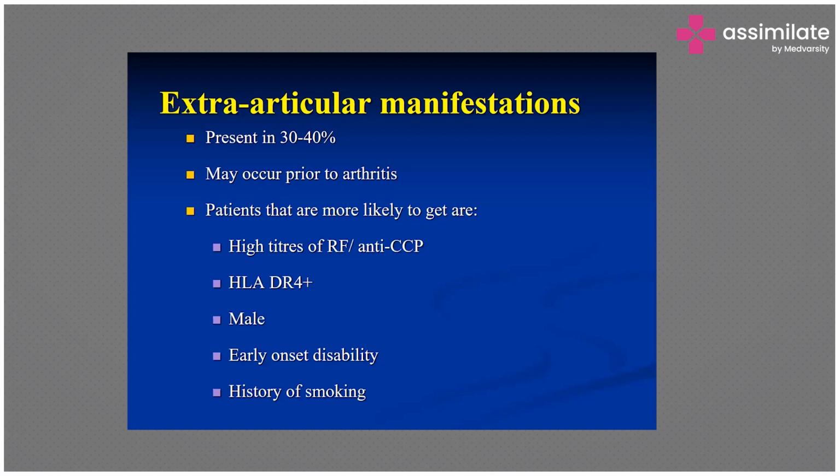Would you see it in early age groups, in females, males, or in late age groups? Those who have a history of smoking, where do you see the ratio more, in males or females? The correlation of the smoking to this. Males, yes. Why not females? As I told, the female ratio is 3:1.